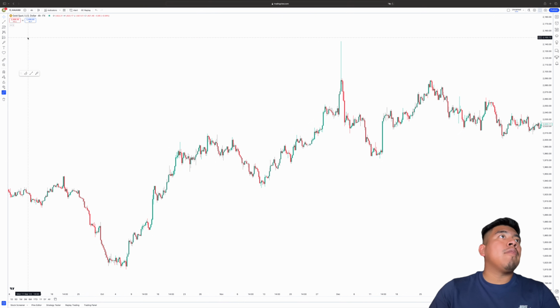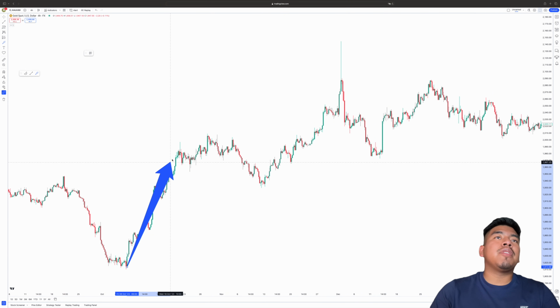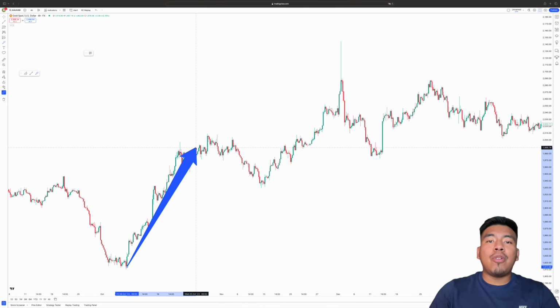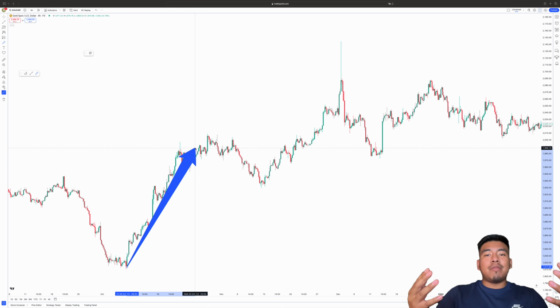So the regular Fibonacci will come out over here, and usually it's after a big push. After a major push, this is where you begin to draw a Fibonacci. So here we could see there was a major push, and as you guys always hear, what goes up must come down.